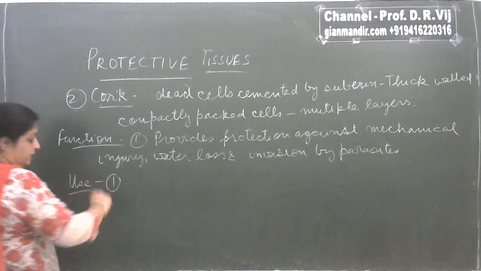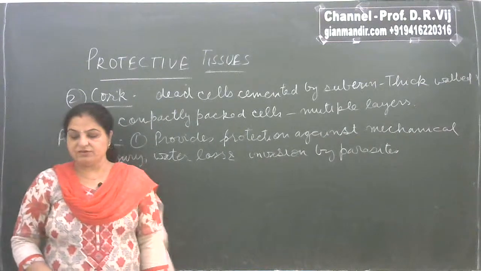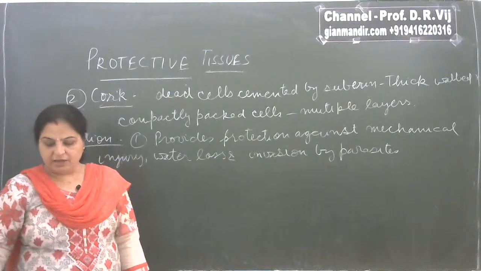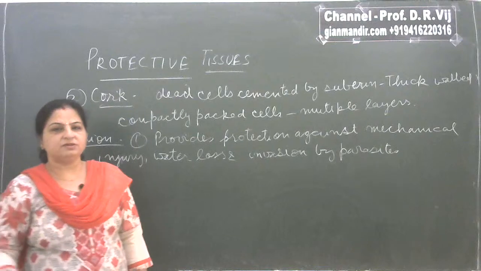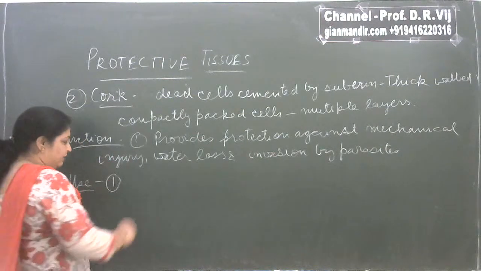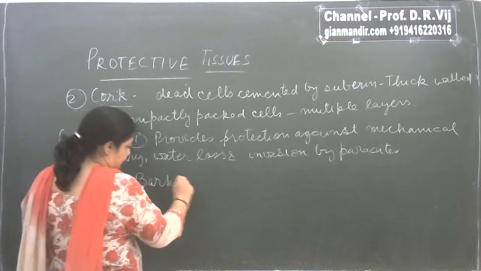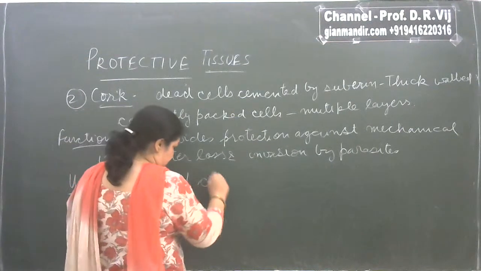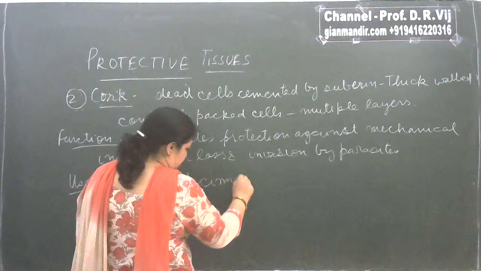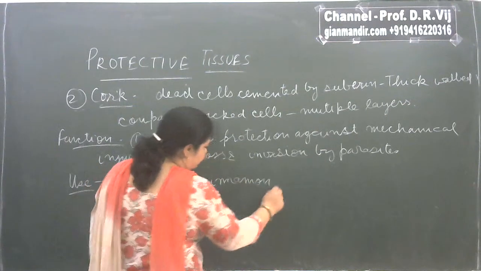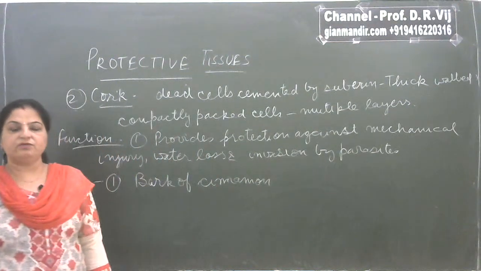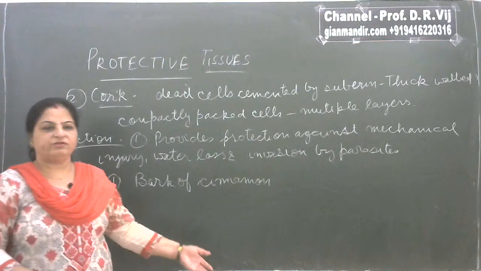Right? And there is a very important use of this cork also. It has commercial uses. The barks of some of the trees have important applications. So for example, you must have heard of the bark of cinnamon, which is used as a common ingredient of spices. So that is what? That is cork.